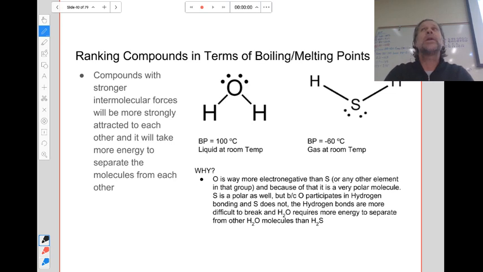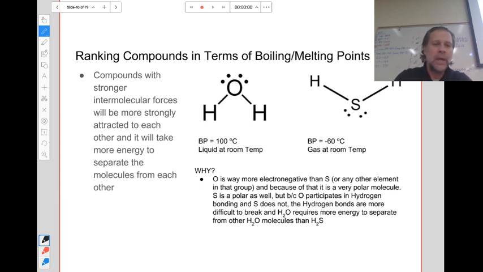They probably wouldn't ask, here are four molecules, which one has the highest melting point? They might infer that knowledge. So they might say, if this particular molecule has a melting point of, I don't know, 75 degrees Celsius, they might ask you to infer why it has a lower melting point than another substance. And you would have to come up with what they're really looking for, leading down the path to talk about these specific intermolecular forces.